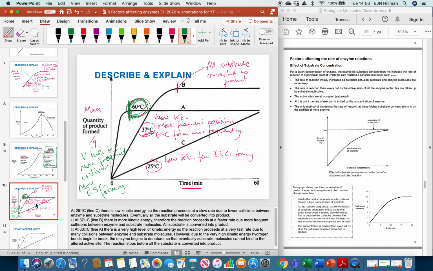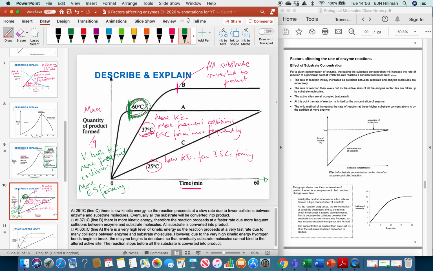Okay. I said earlier on, what would happen if we continued this time for longer for the reaction at 25 degrees Celsius. We know at 25 degrees Celsius, at low kinetic energy, the enzyme is not going to be denatured.